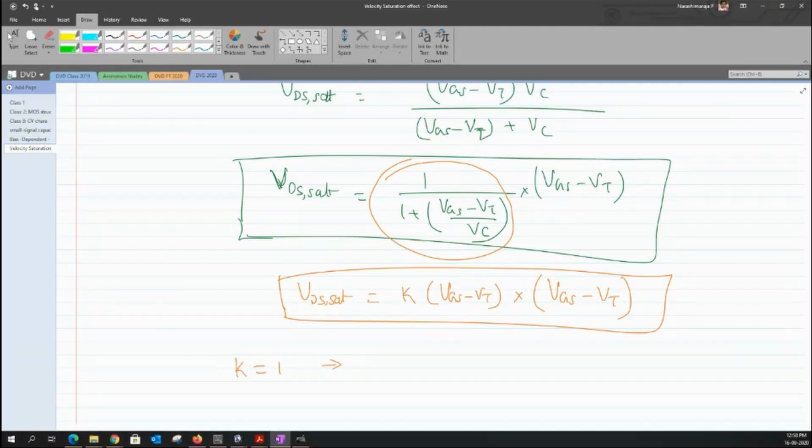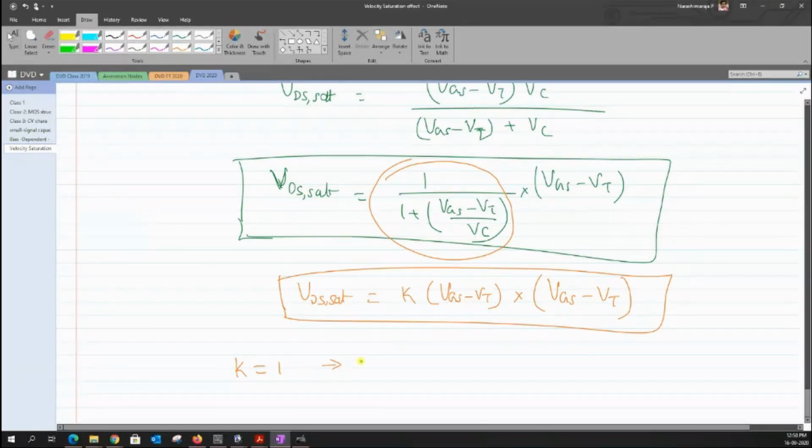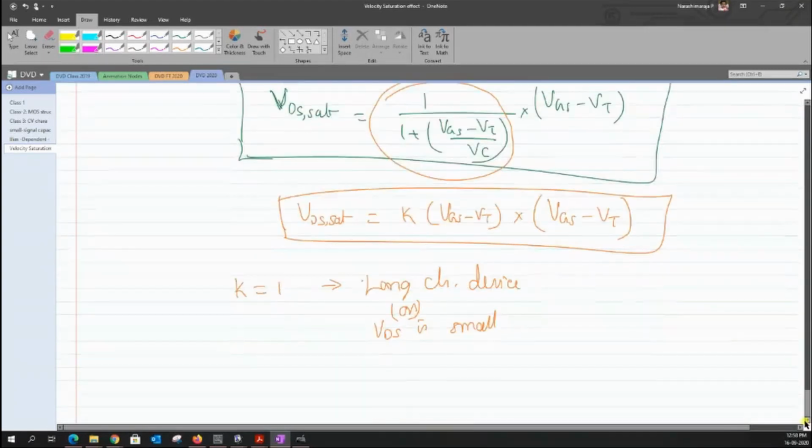Long channel. Yeah, so whenever we deal with a long channel device, or whenever the value of VDS is small. But what happens when I have VDS that is large, as well as the length of the channel is less than 1 micrometer?